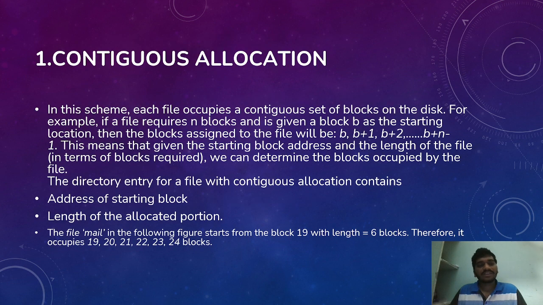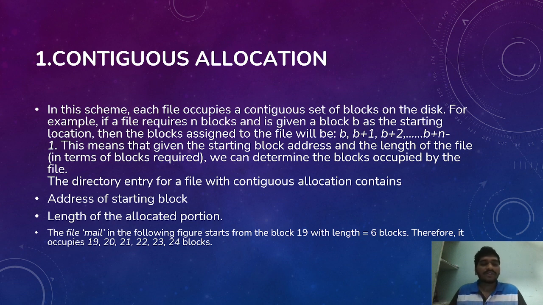In this scheme, each file occupies a contiguous set of blocks on the disk. For example, if a file requires n blocks and is given block B as the starting location, then the blocks assigned to the file will be B, B plus 1, B plus 2, and so on, up to B plus n. This means that given the starting block address and the length of the file in terms of the blocks required, we can determine the blocks occupied by the file.